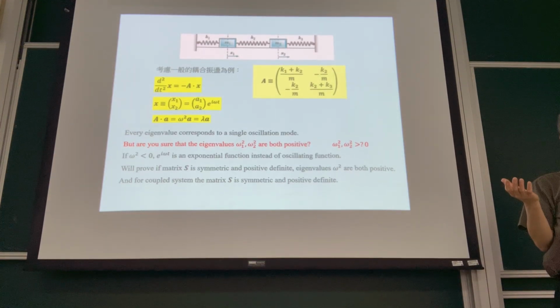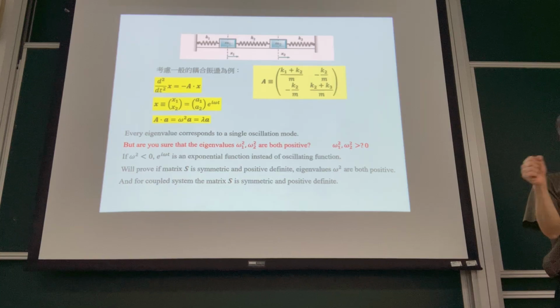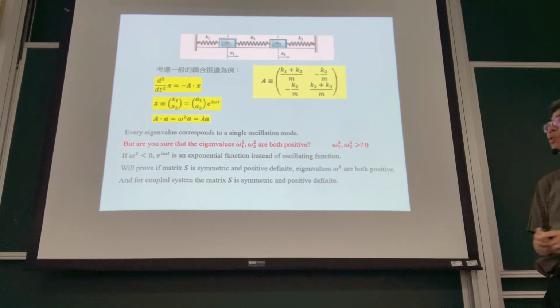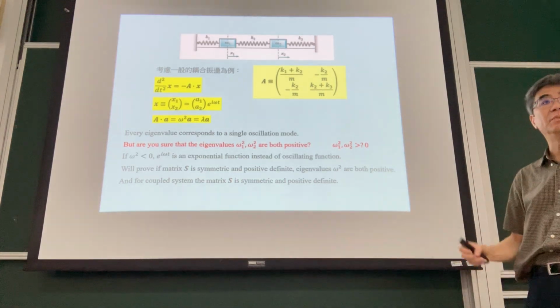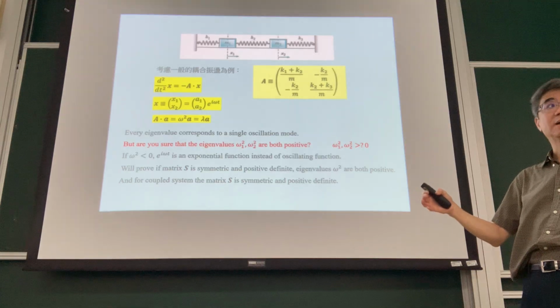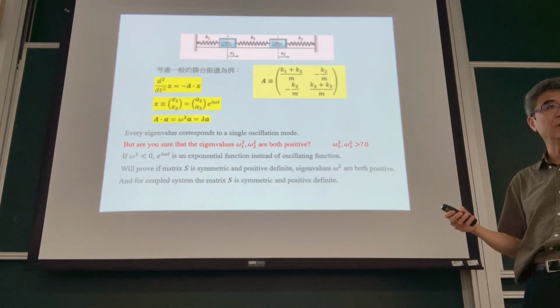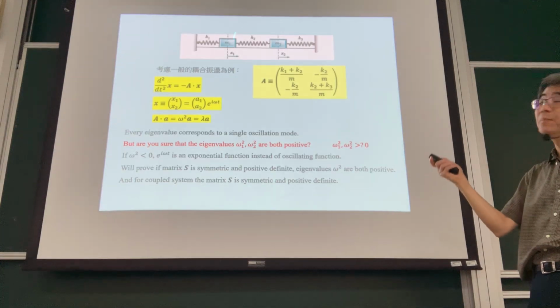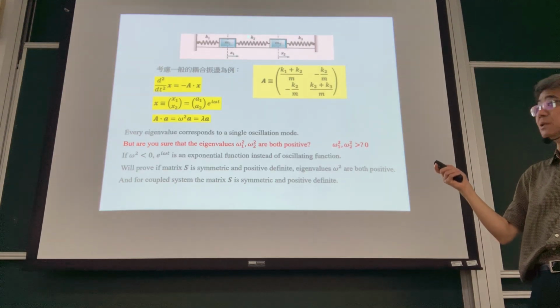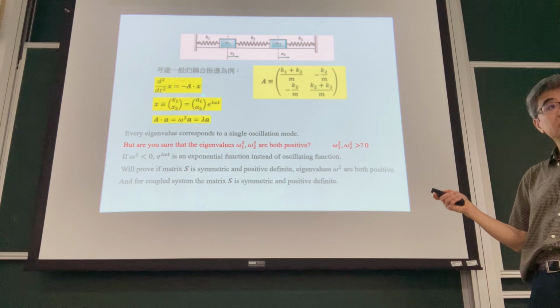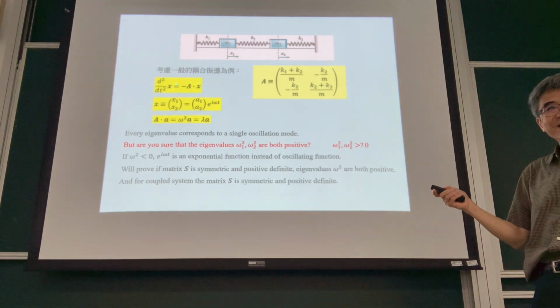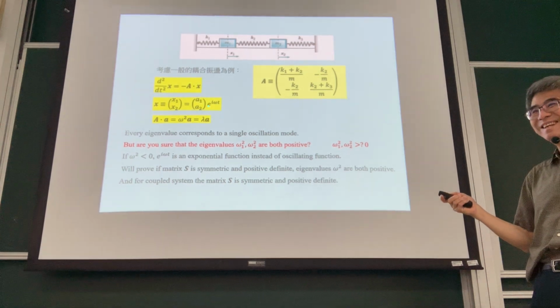There is no friction at all, it's just a simple vibration problem. Therefore you expect this problem to be oscillating, not decaying. Just as the first part of our lecture. It's not a decay problem. Therefore, this omega is real. If it's not real, we got a problem.